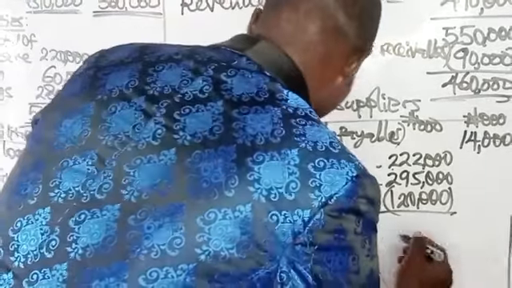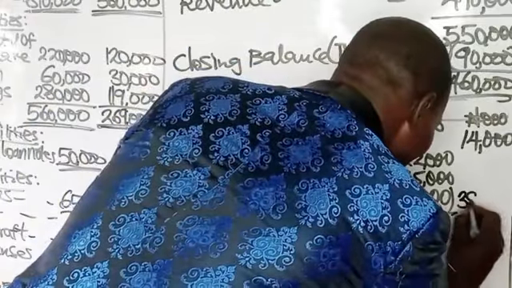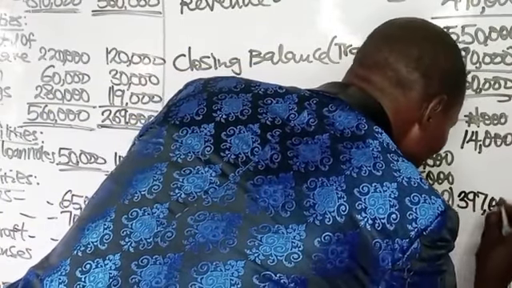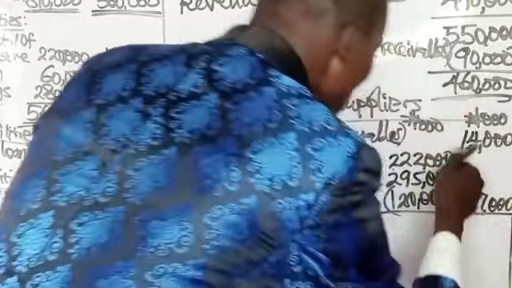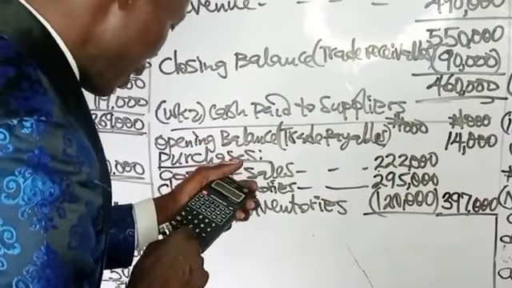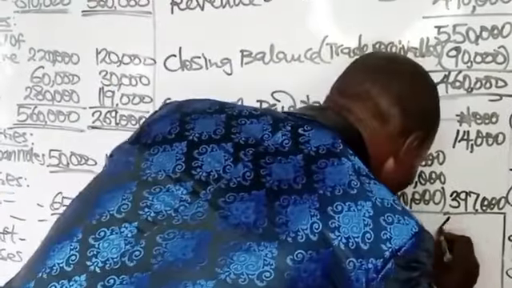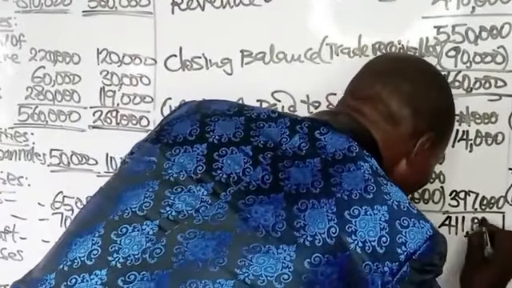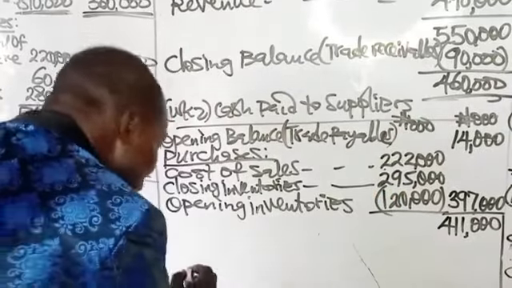That is our purchase. If you add it to the opening balance of payables, which is 14,000, then you have 411,000.